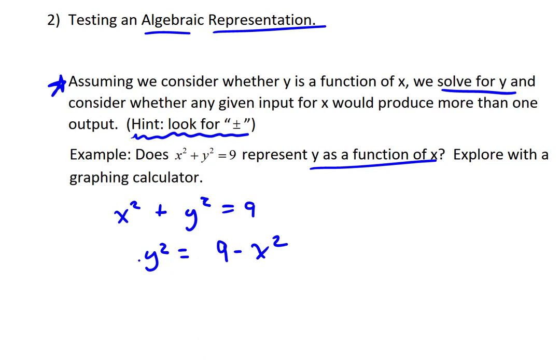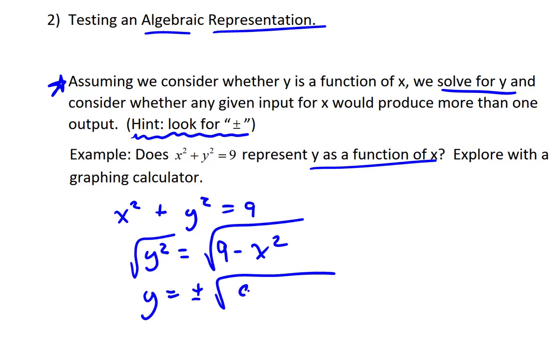Then we'll square root both entire sides of the equation to get y alone on the left side. As you may recall, when you take the square root of both sides of an equation, we have to introduce a plus or minus on the other side, so that we have plus or minus the square root of 9 minus x squared.